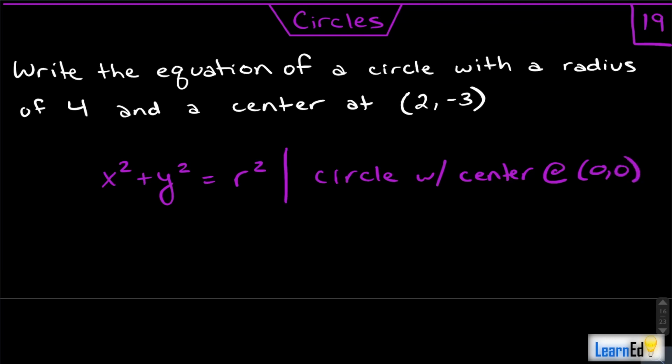Okay? If we want to make this more general, we add some vertical and horizontal shifts to this entire circle, right? Which will end up making our circle have its center at some non-origin point. We can write x minus a squared plus y minus b squared equals r squared. Okay?